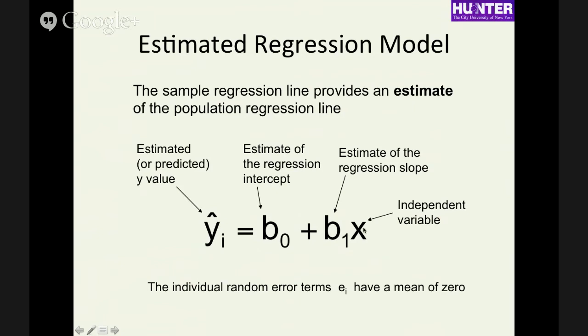And when we plug a value of x, our independent variable, in, it'll give us a predicted value for y that we put a hat on to say that it's estimated or predicted. And the differences between this y hat and the actual observed values of y are going to be our errors or the residuals.